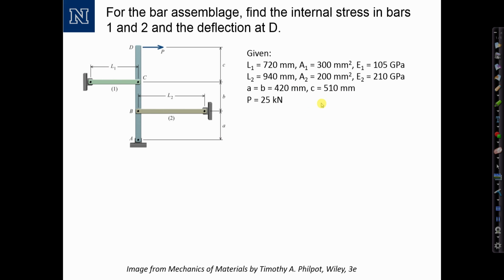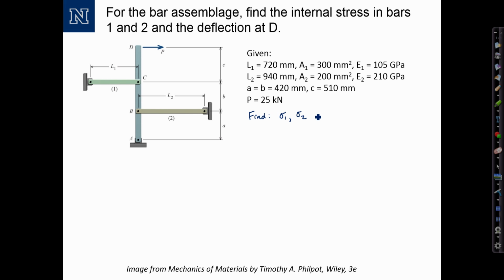So we've dissected all this information for you. And we're asked to, for this bar assemblage, find the internal stress in bars 1 and 2 and the deflection at D. So let's go ahead and synthesize that. What we're asked to find in this problem is simply the stress, sigma 1 in bar 1, sigma 2 in bar 2.